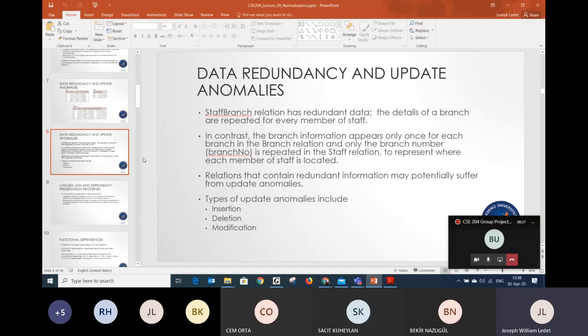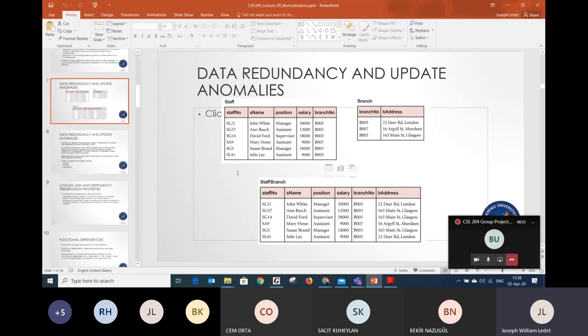So that's why space becomes important. But the other important part is the whole issue of update anomalies. The example that we showed in the Dream Home example was: what happens if branch B003's address gets changed, or someone puts in a new employee at branch B003 and enters the wrong address in this table? Now you could have different rows, both with the same branch number but a different branch address, and that's going to be a big problem, because then we don't know which data to trust.